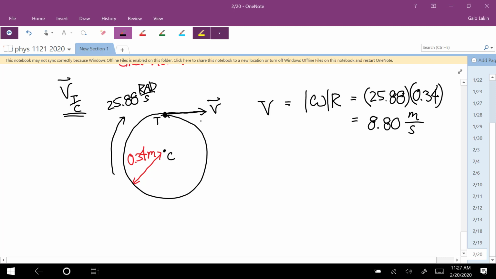Well, we know the direction is in the positive x. We know the magnitude is 8.8. So put those two together and you get a velocity vector of the top relative to the center. That's 8.80.